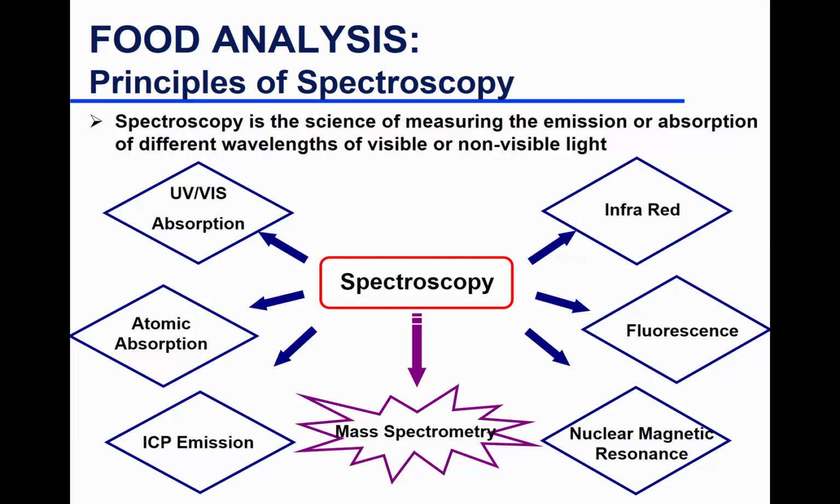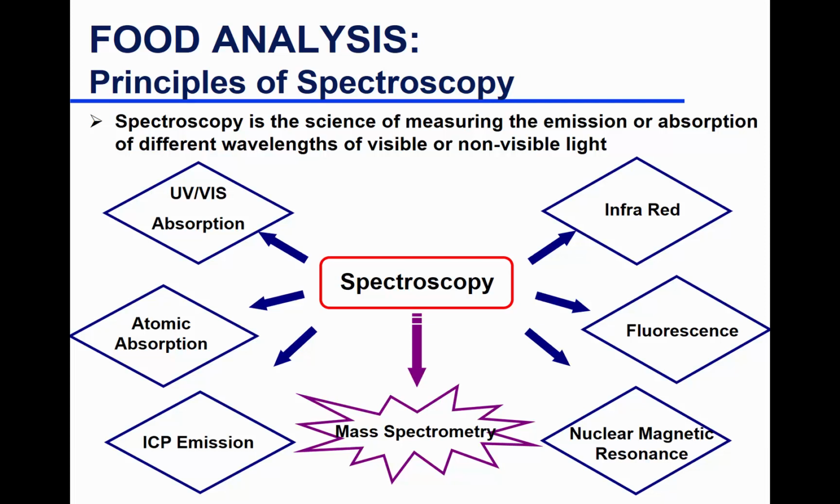We did UV absorption for the caffeine lab, for example. Infrared, we're going to talk about later this week, and we use it in many different applications in food analysis.